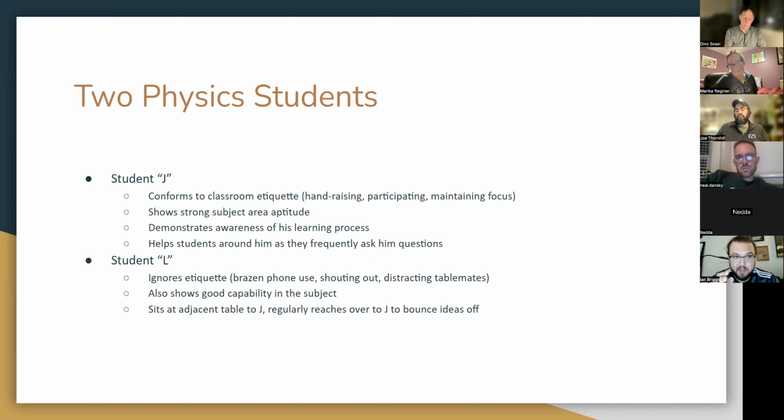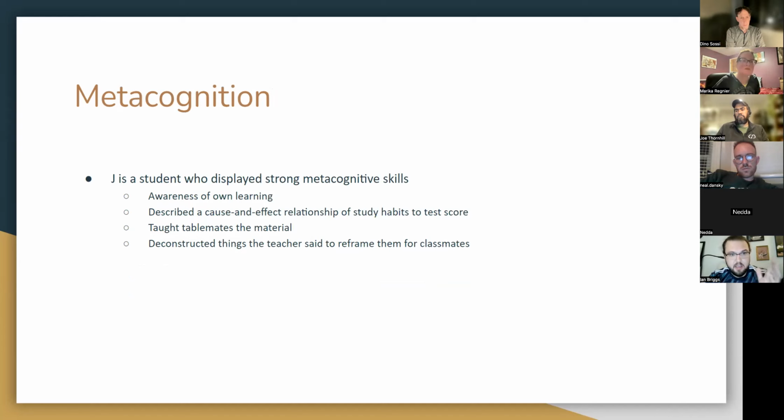So metacognition, this is purely Jay's realm, right? He has such a command of his own learning. He even described the cause and effect relationship of how he did a review exercise to do better on the test than even he normally does, which was probably in the 90s. He probably got upper 90s on this particular test, if I were to hazard a guess. But also, in order to teach your table mates, you have to have a recognition of the concepts that is deeper than just your one way of getting through the task.